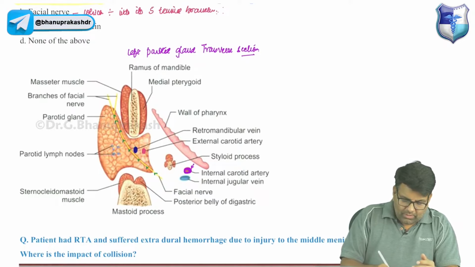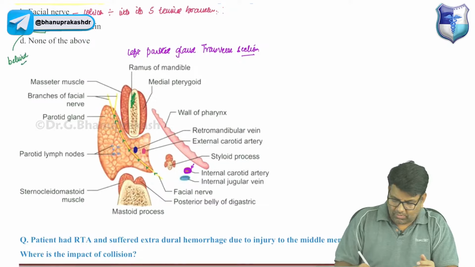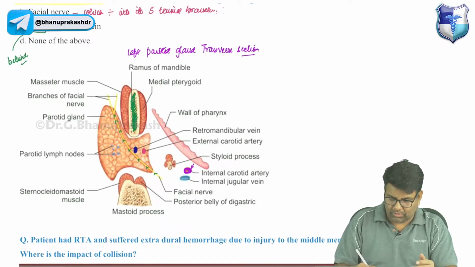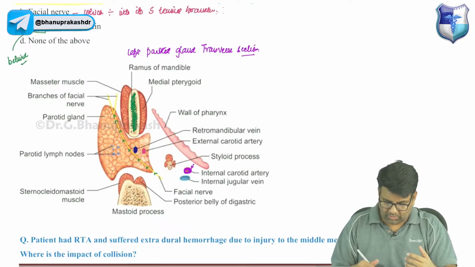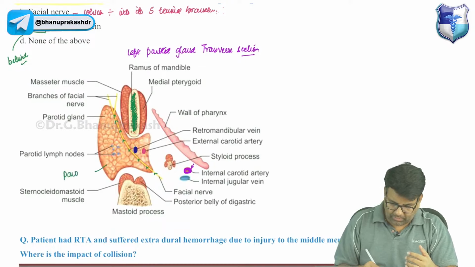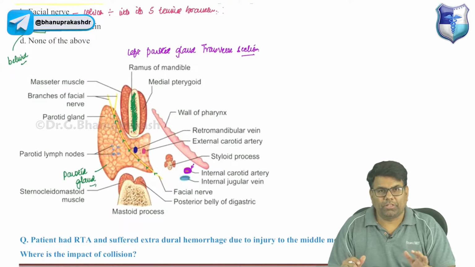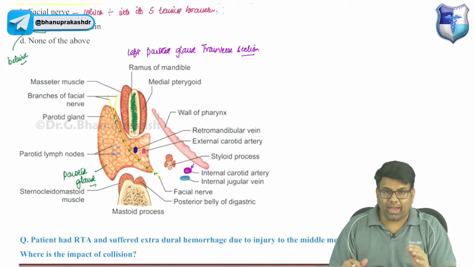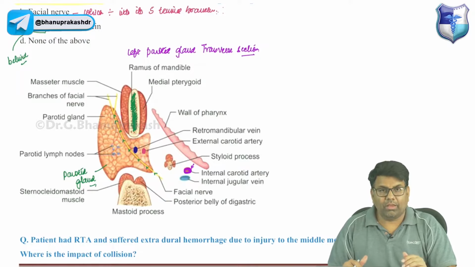Retro means behind. Mandibular, now this is the mandible, the mandible. The vein is behind. So this is the parotid. Please remember the facial nerve, retromandibular vein, and external carotid artery in relation to the substance.